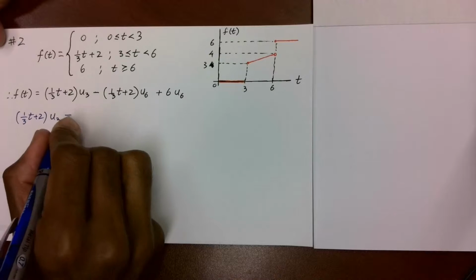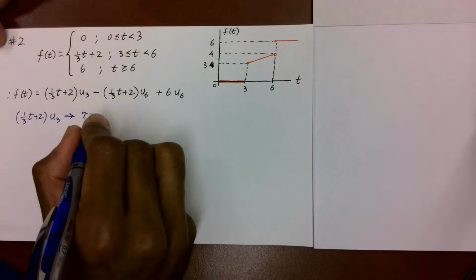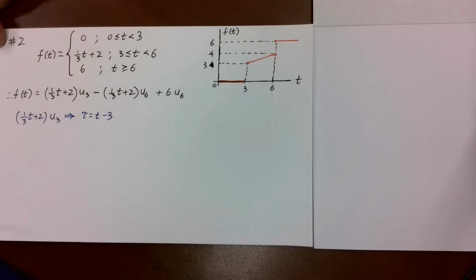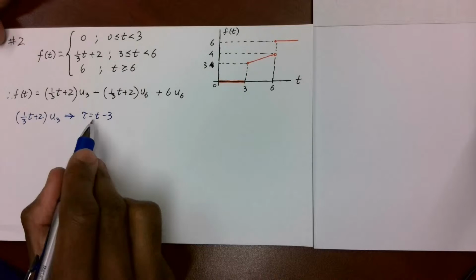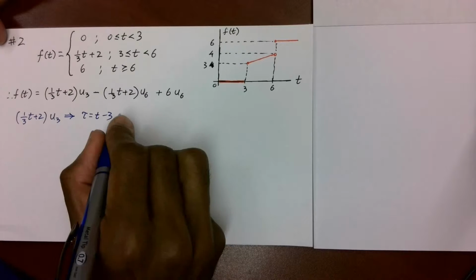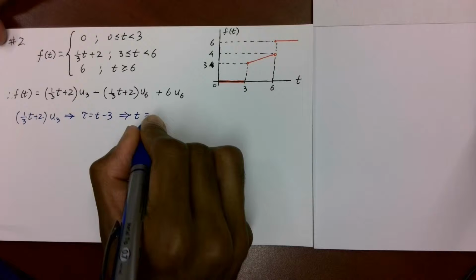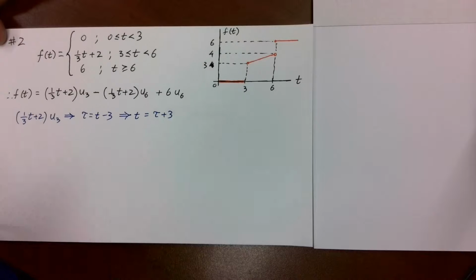So this implies that tau must be t minus 3. Tau is always t minus the subscript on the unit step function. And so that implies that t is going to be tau plus 3.